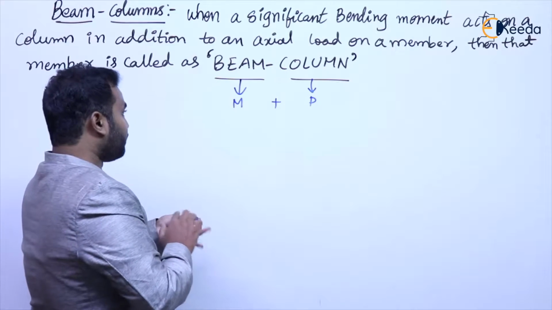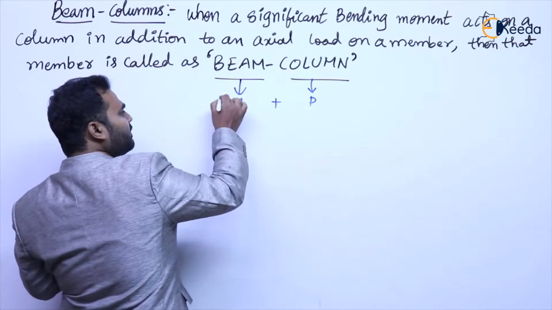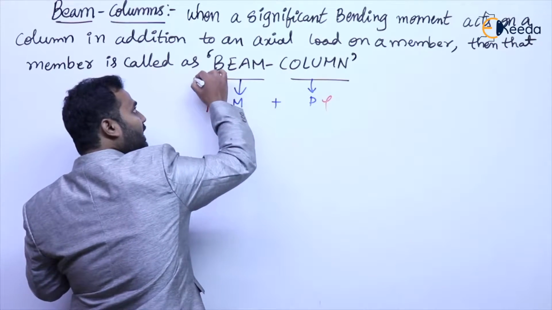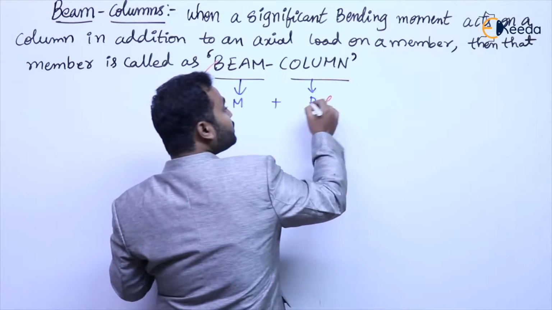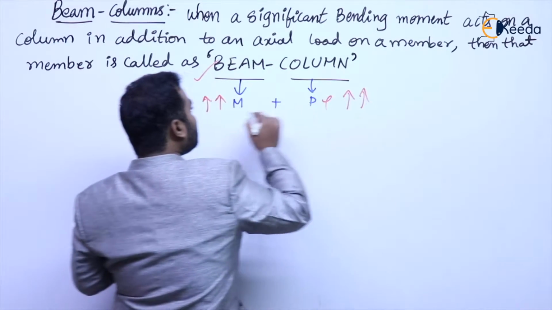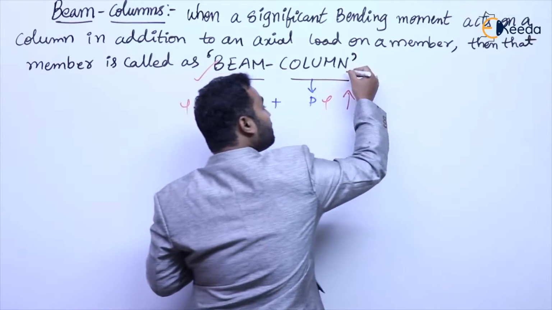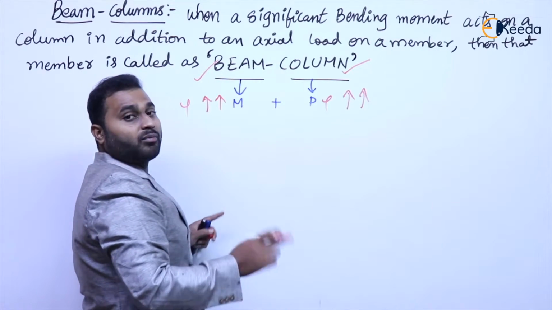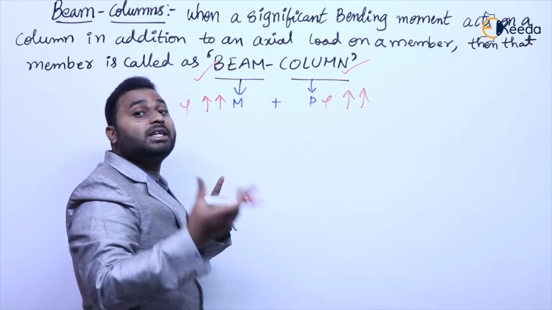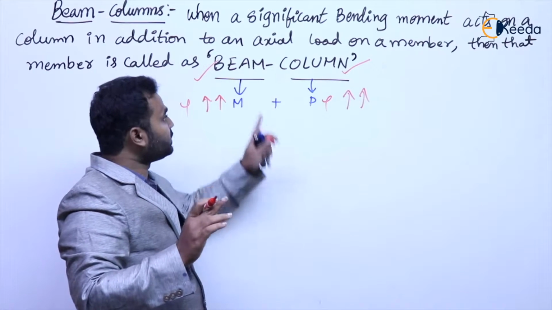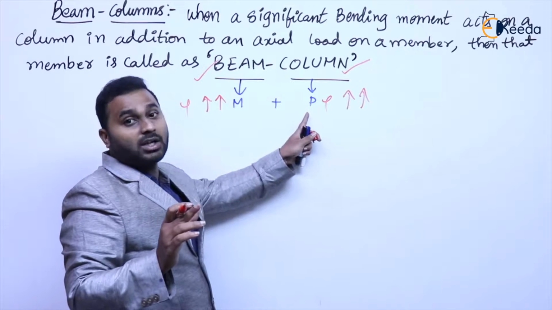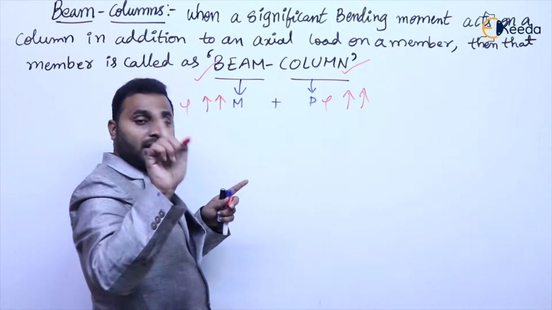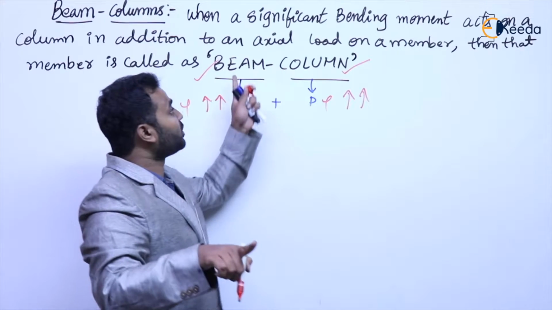So beam column means a summation of these two. If moment is very high in comparison to the axial force, then this member will act like a beam. If axial force is very high in comparison to the moment, then the very same member will act like a column. If both moment and axial force magnitudes produce significant effects in that member, then that member behaves like both beam and column.